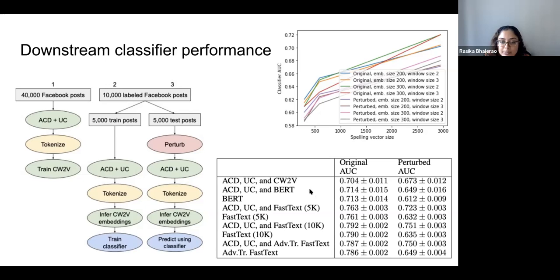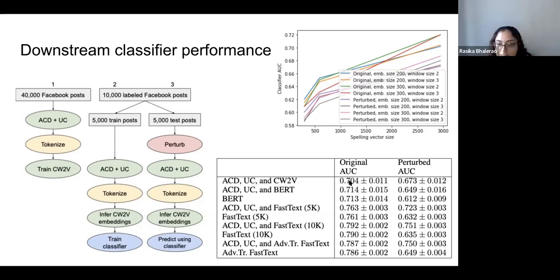As baselines, we also included BERT with and without the string manipulations, and FastText with and without the manipulations, and also FastText trained on different corpus sizes. And then at the bottom there, we have adversarially trained FastText, just as a comparison for what if you train it without any defense at all, because it includes the perturbations naturally in the text.